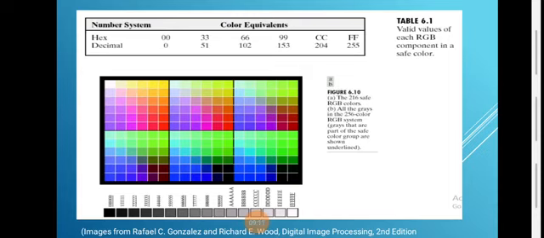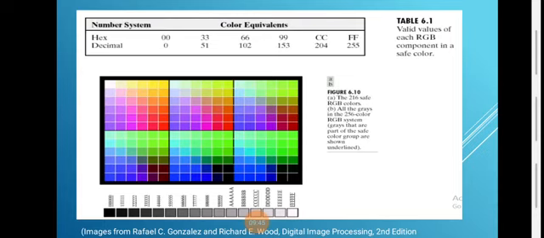For the number representation, each of the 216 safe colors has component values of 0, 51, 102, 153, 204, and 255. That is 6 values, and we have 3 RGB components, so it is 6 power 3, which is 216.